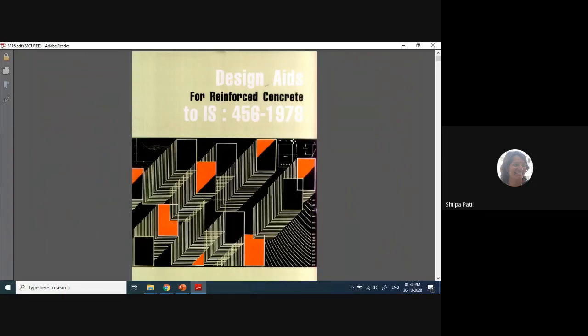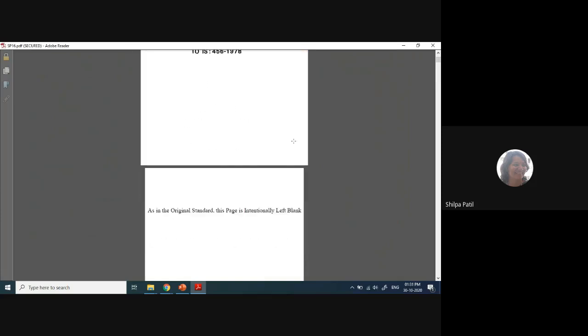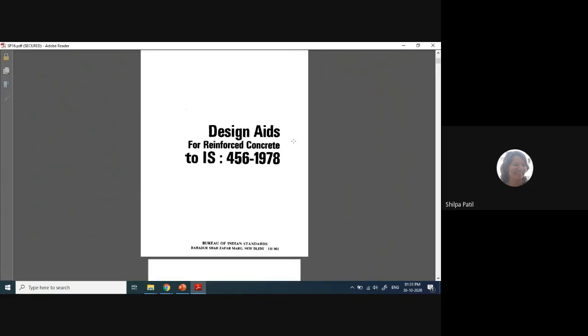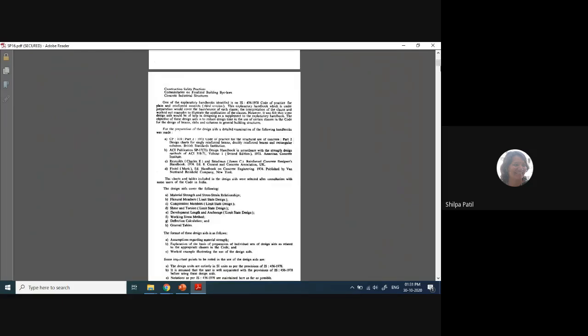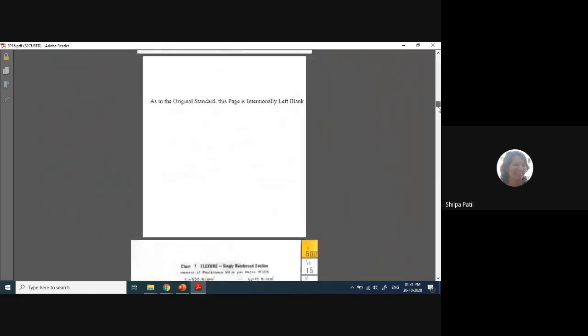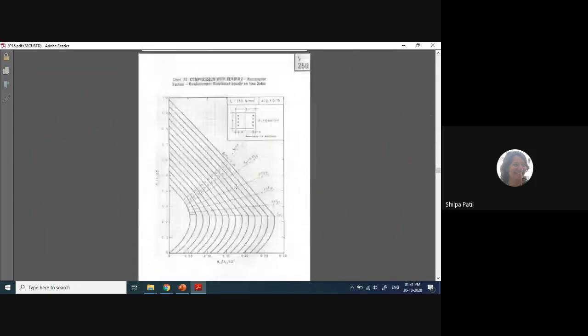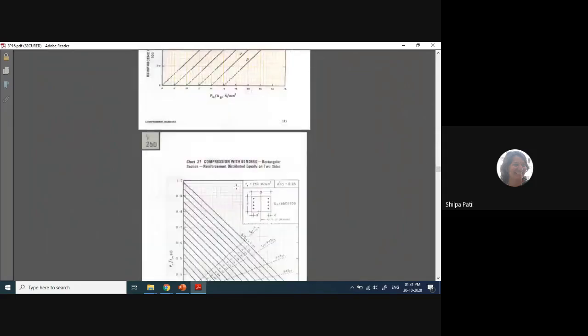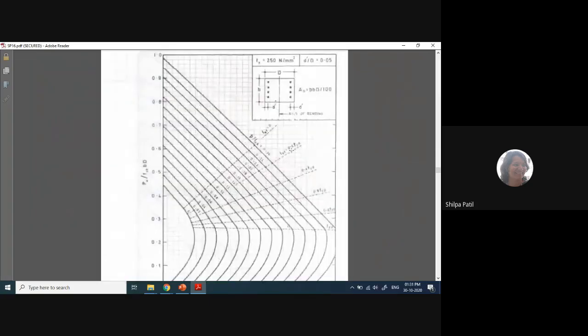We are using the 2000 code, but the design aids are not different for the 2000 code also. I will go directly to the page where these interaction curves are given. The interaction curves start from page number 112. This is the interaction curve.